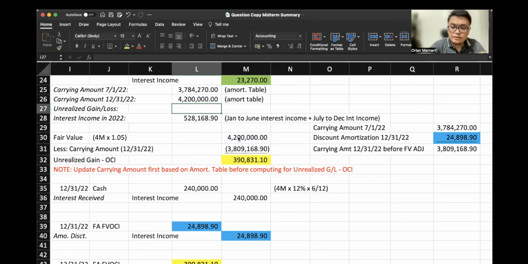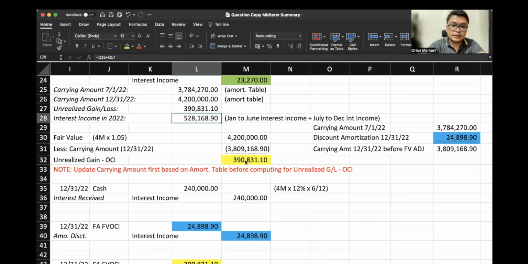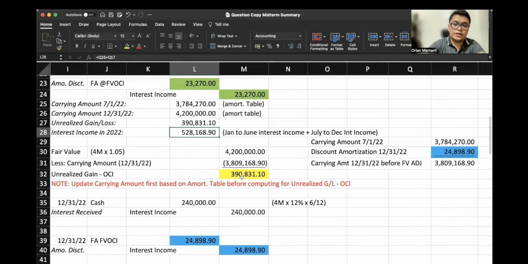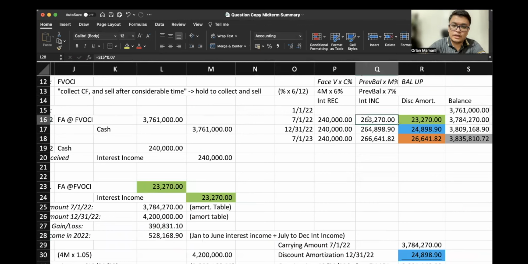Our unrealized gain, once again, is our fair value minus the carrying amount based on the amortization table. So our unrealized gain would be 390,831.1. Okay. And just to repeat, our interest income is based on the amortization table from January to June 2022, from July to December 2022.